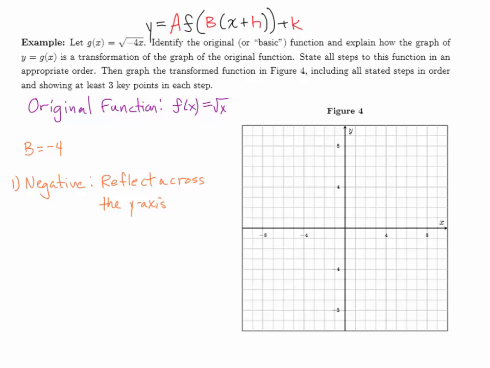The second part here is going to come from the fact that we have that 4. So we have that value of b is negative 4. The negative causes one transformation, the 4 causes another. Looking at a b value of 4, since we've already multiplied this value of x by 4, what we're going to see is a horizontal compression by a factor of 1/4.